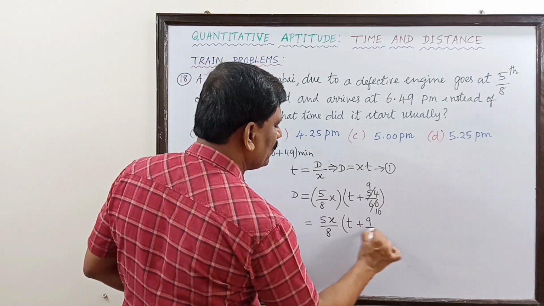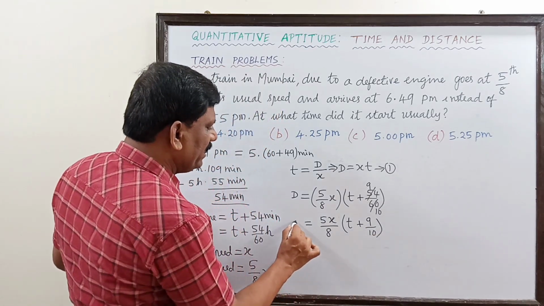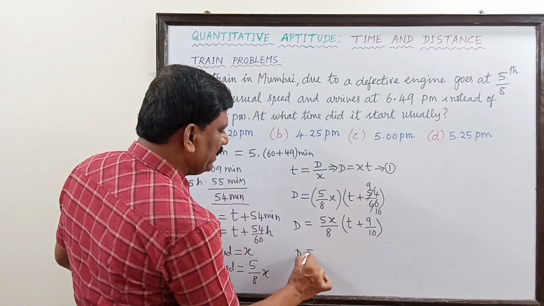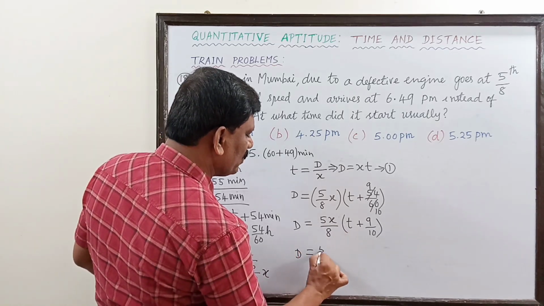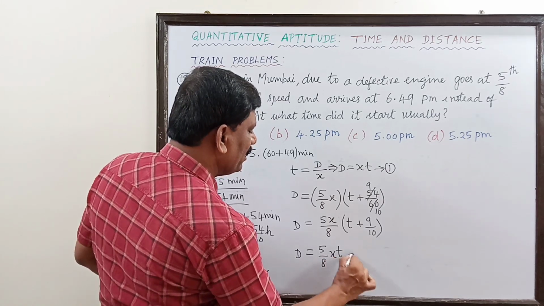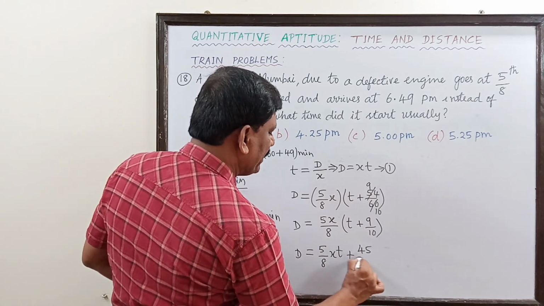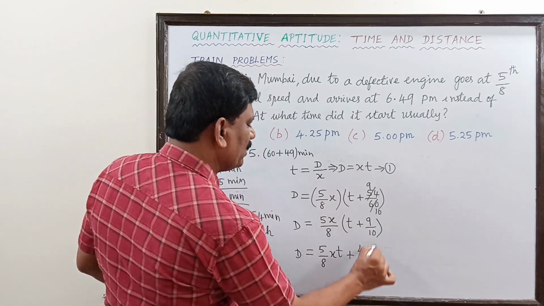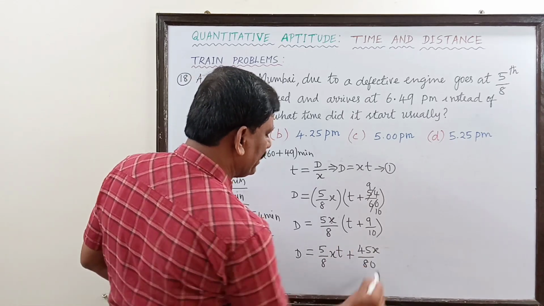So d is equal to 5x by 8 multiplied by t, plus 5 into 9 is 45 times x, divided by 8 into 10, which is 80.